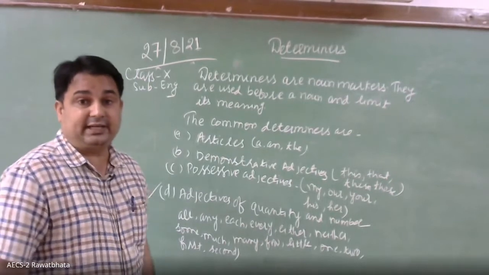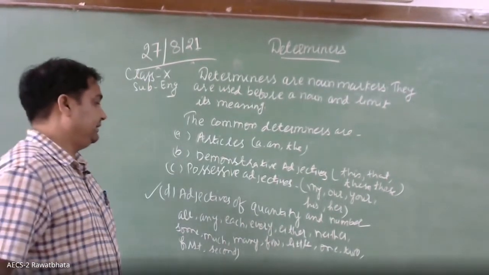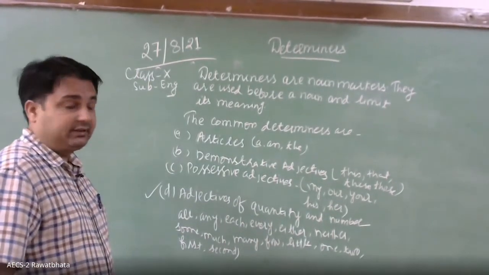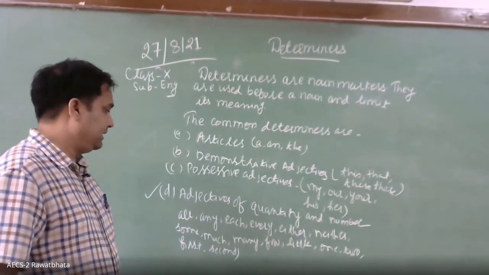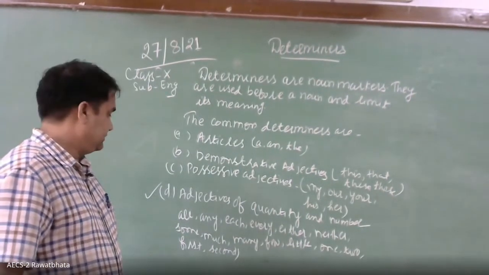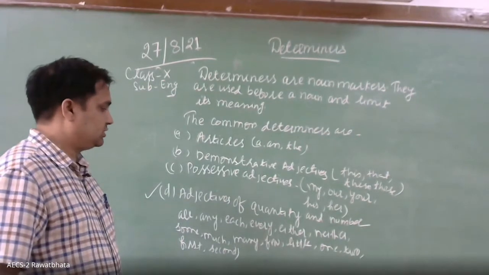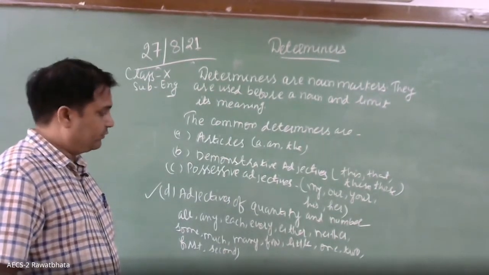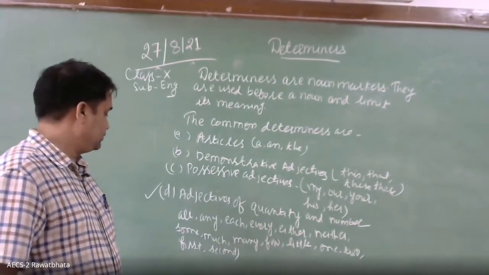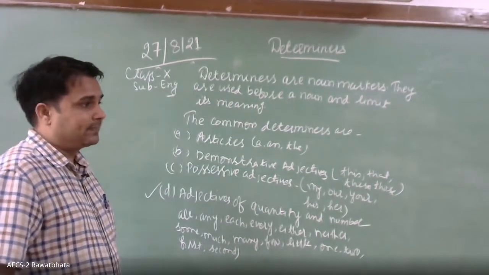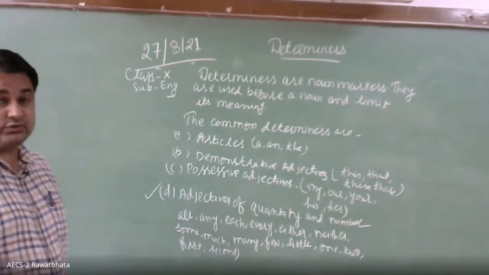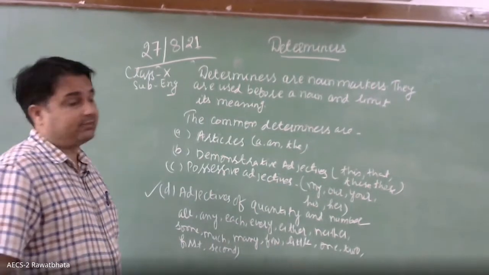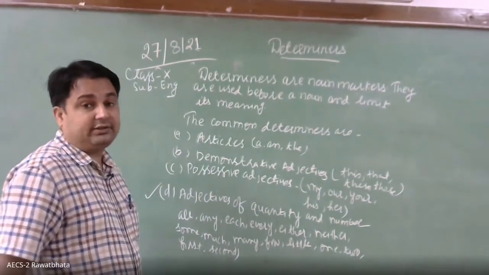They indicate quantity and number: all, any, each, every, either, neither, some, much, many, few, little, one, two, first, second. All these indicate quantity and number. So these are, children, determiners.